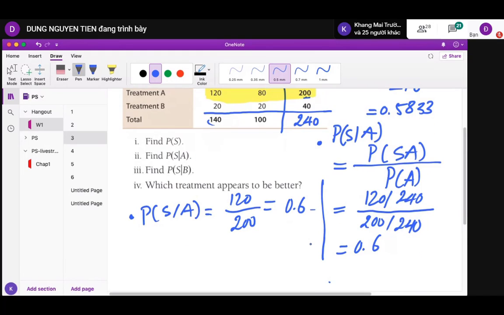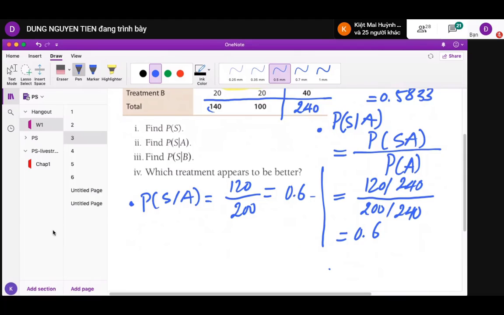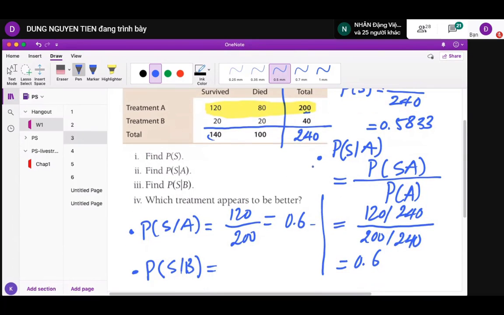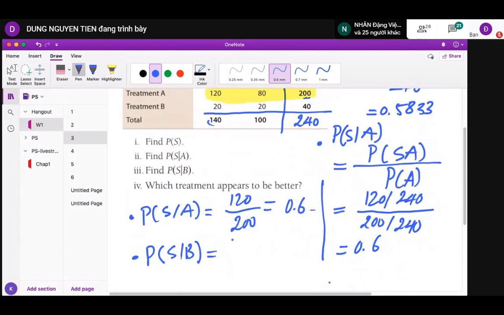Alright, how about the conditional probability of S given B? Given B, it should be 20 divided by 40. Alright? So you get 0.5.